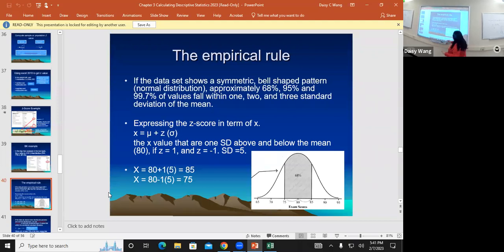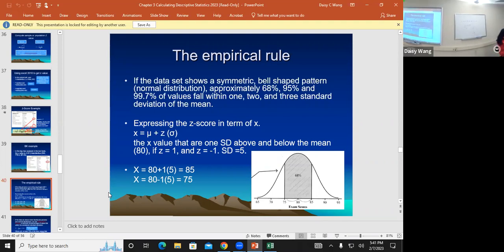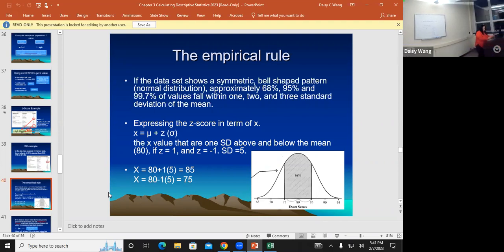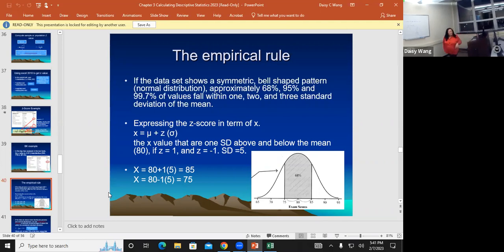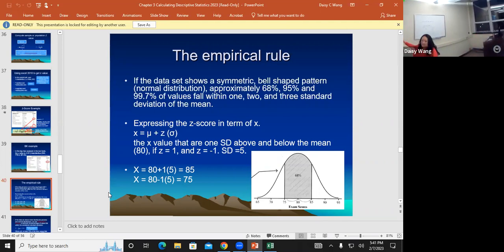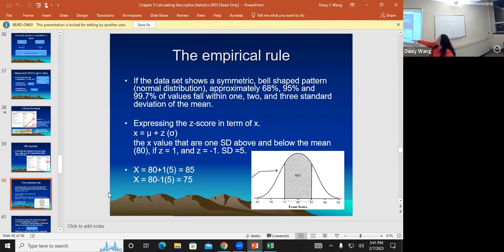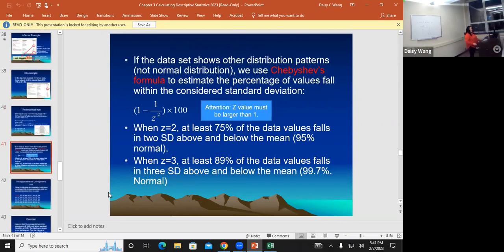So we will know 95% of students will have scores between 70 and 90, because it's 80 plus minus 2 times the standard deviation, which is 5, which is plus minus 10.